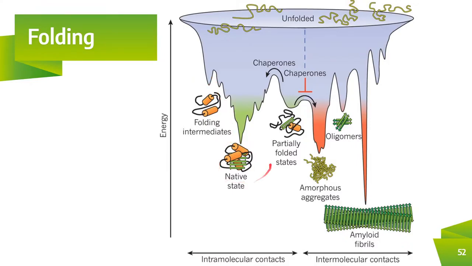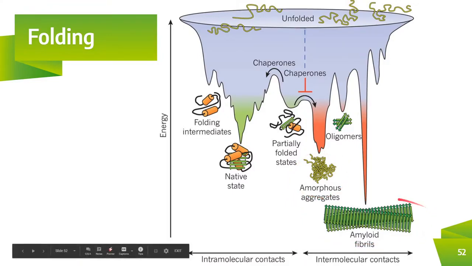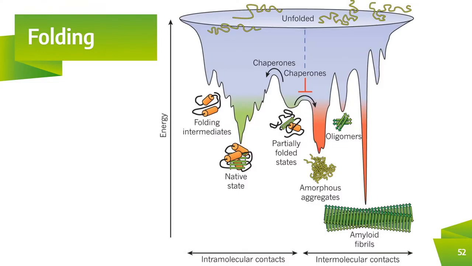This can be a native state, but we also looked at how this can be a non-functional state, right? Either an amorphous aggregate or, for instance, amyloid fibrils. Those are states that the cell or the machinery that is producing proteins wants to prevent. And we also talked a little bit about proteins that do that.